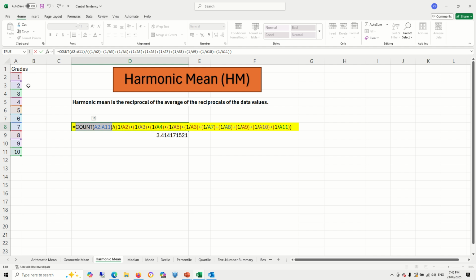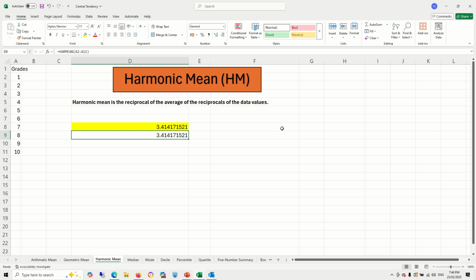So 1 divided by the first one, plus 1 divided by the second one, plus 1 divided by the third one, plus 1 divided by the fourth one, plus 1 divided by the next one, and so on up to the last one. When you click enter, it will directly give you the harmonic mean, which is this value. At the same time, to make it easy, if you look at the Excel formula, equals HARMEAN and highlight all results, you will get the same.